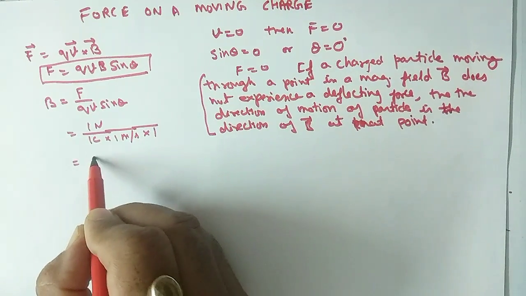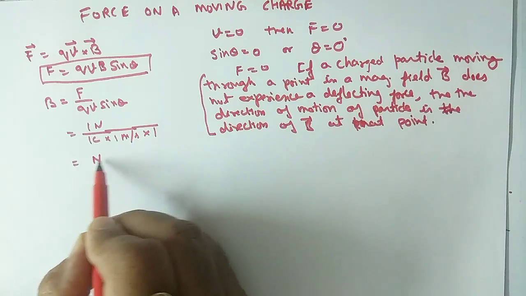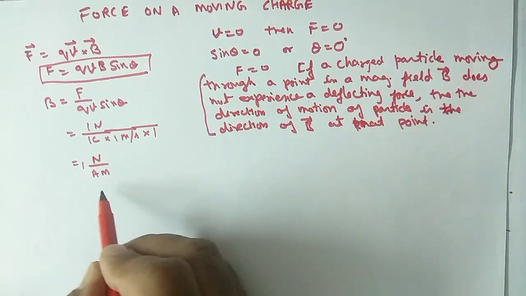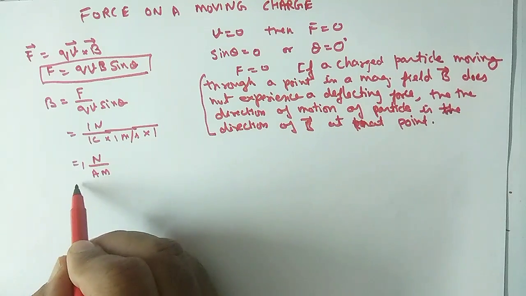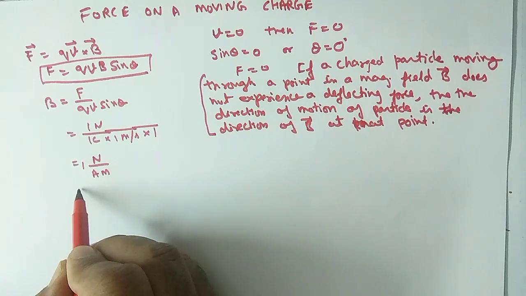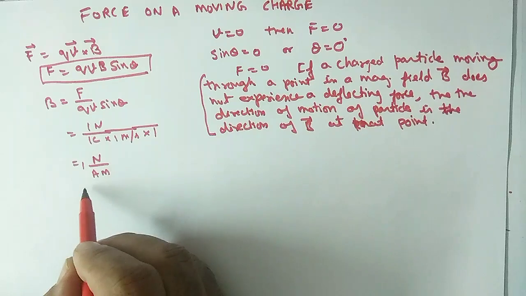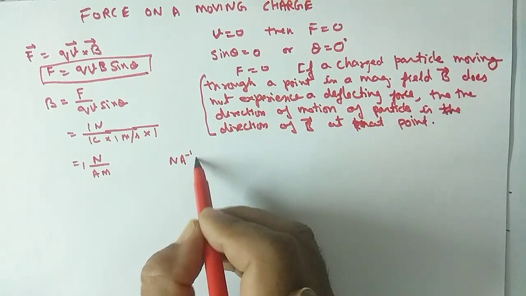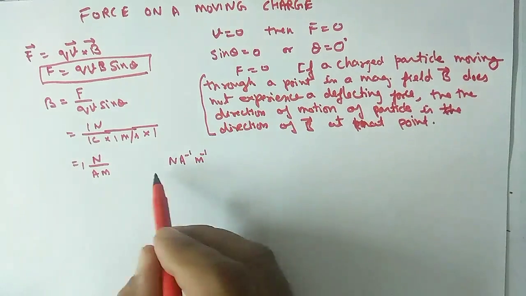So you can say Newton per ampere per meter. So the SI unit of magnetic field is Newton per ampere per meter.